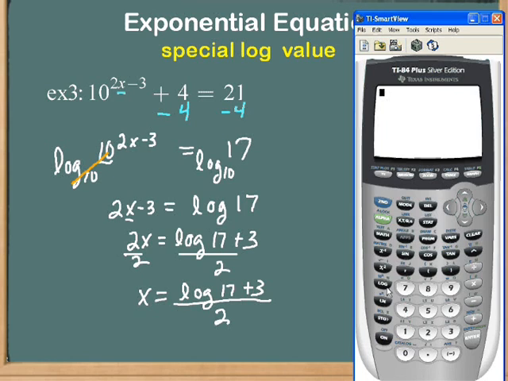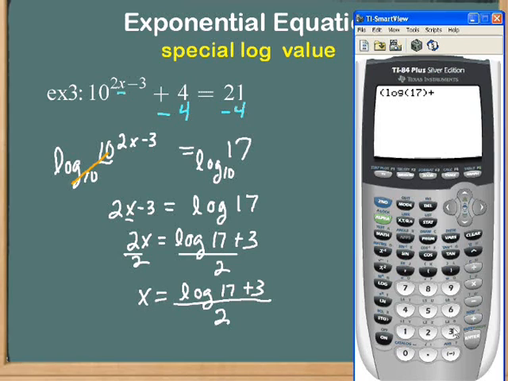So we're going to start with log, but before I do that, I'm going to protect the numerator by opening up with parentheses. So opening parentheses, log, and only the 17 belongs to the log value. So I'm going to have to close that off so that that 3 doesn't try to sneak in on the log value. Very important there what I just said.